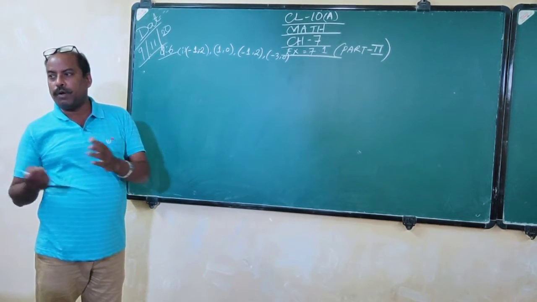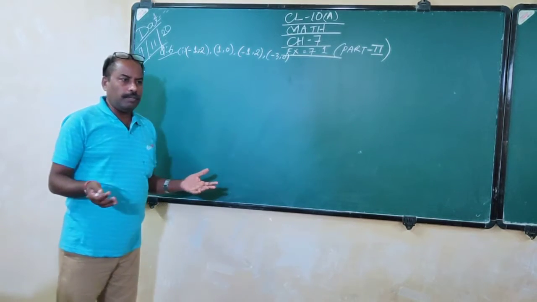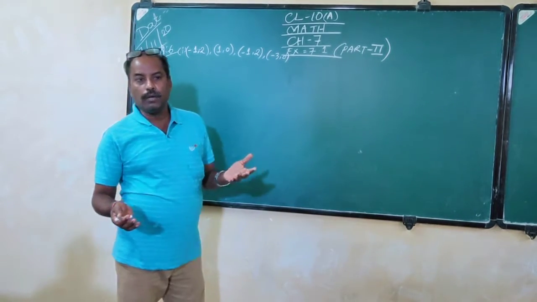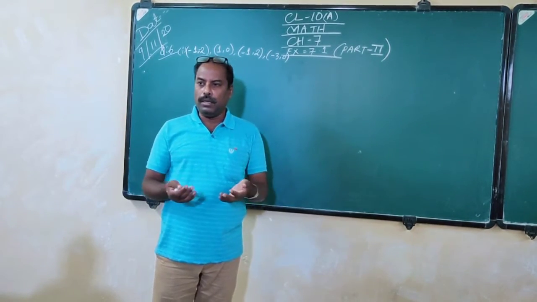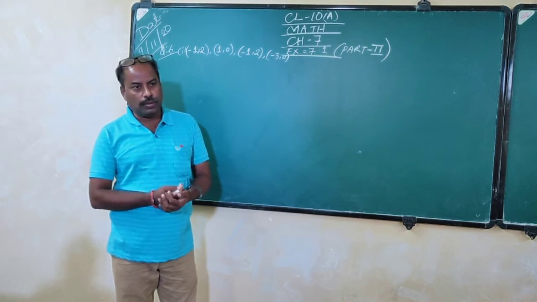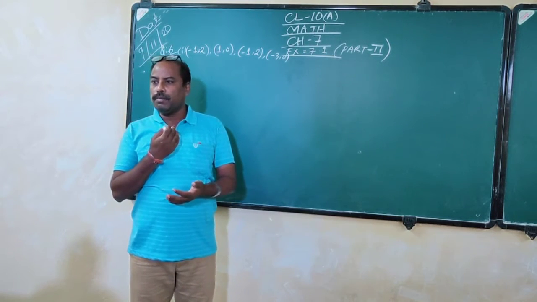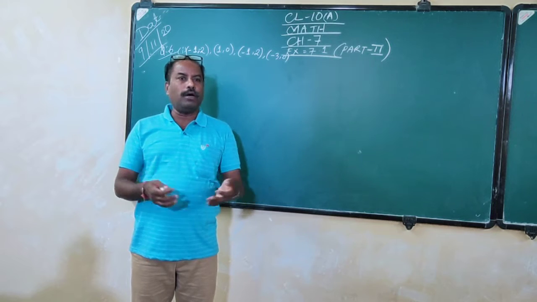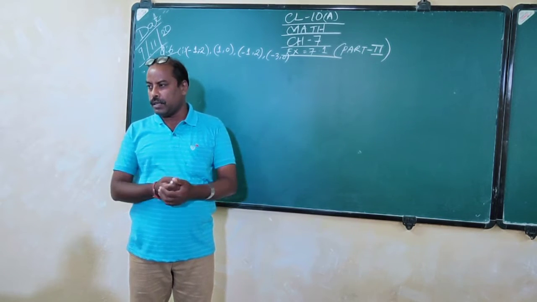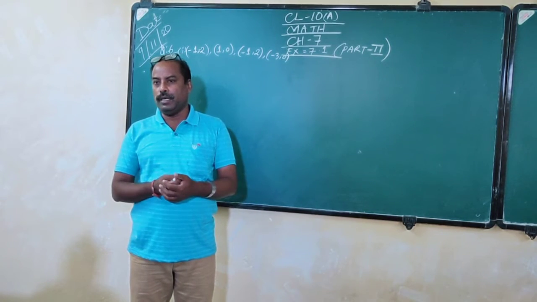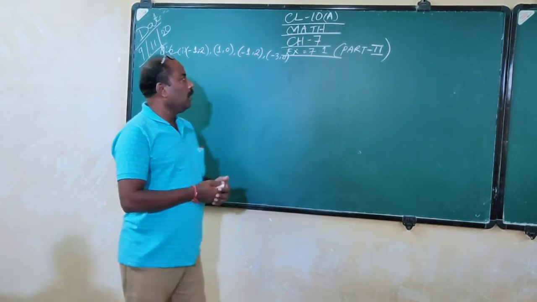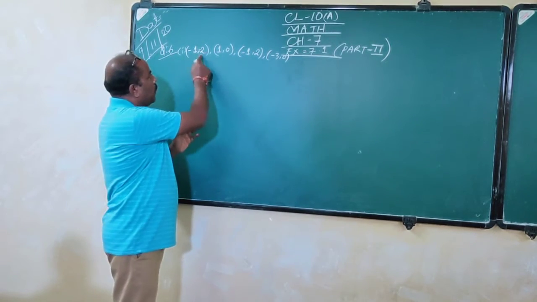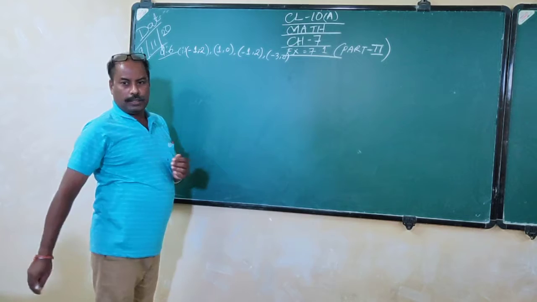It may be a square, rectangle, rhombus, parallelogram, or a simple quadrilateral which cannot be named. So in this way we have to find out what type of quadrilateral is made by these points.